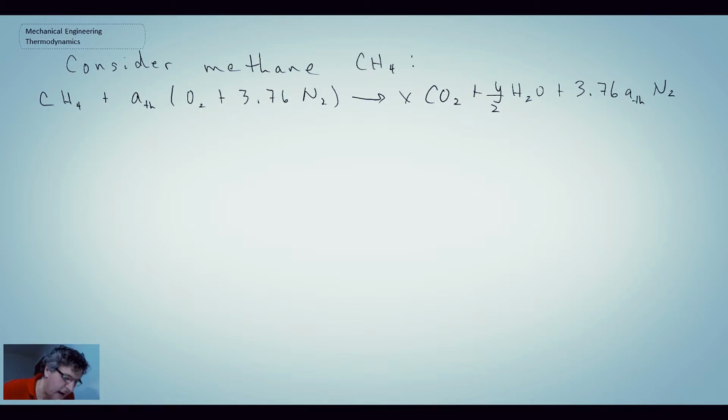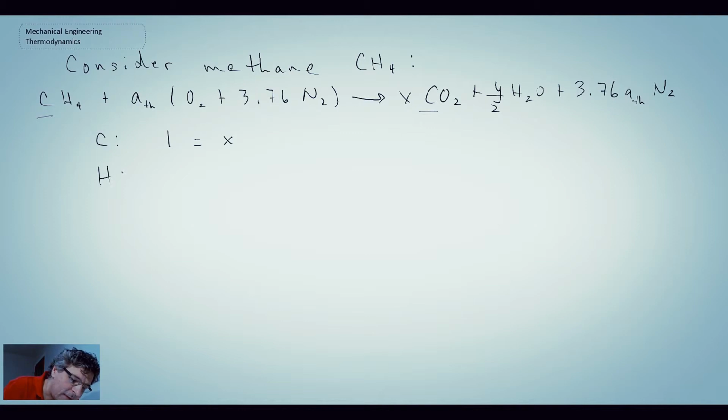So we'll do the balance for each of the individual components, starting with carbon. Looking at carbon, we have carbon here on the left. There's no other places for carbon. On the right, carbon is there. Those are the two places where we have carbon. So with that, we can write 1 on the left is equal to X on the right.